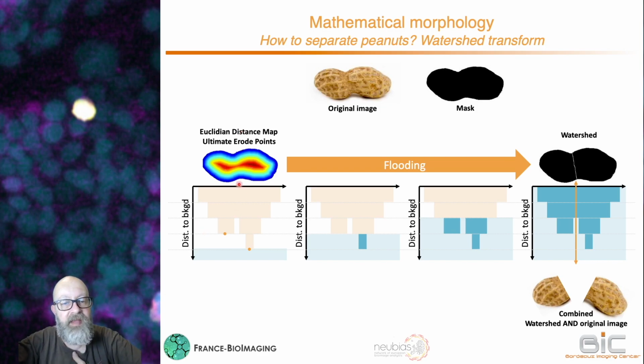And this is exactly what is shown on this diagram, which is a simple profile along a line which crosses the peanut. Here, the two spots correspond to the maximum, the two peaks, the two points that are the furthest away from the background.